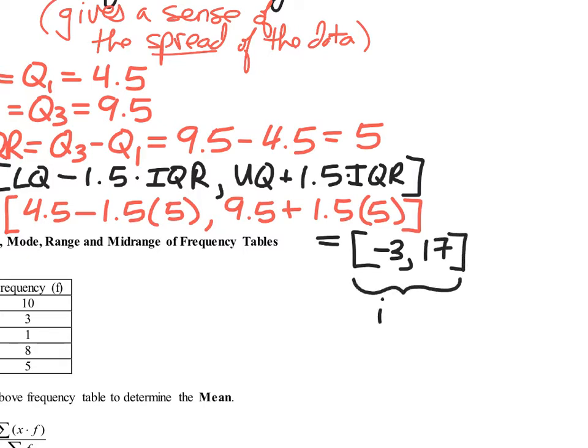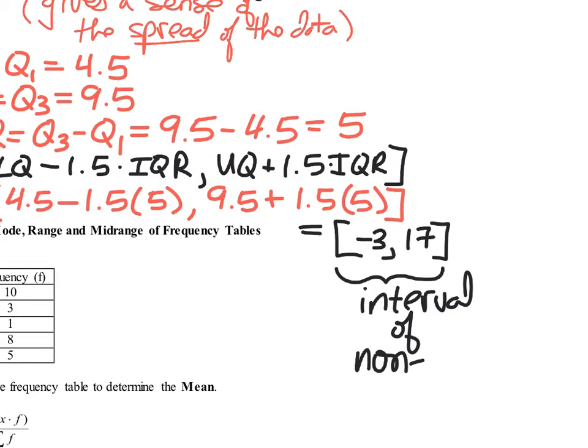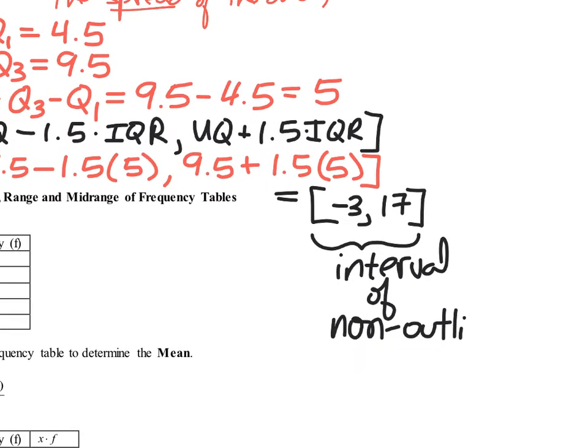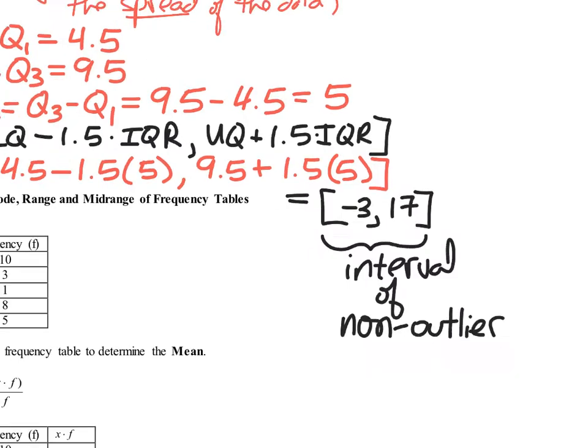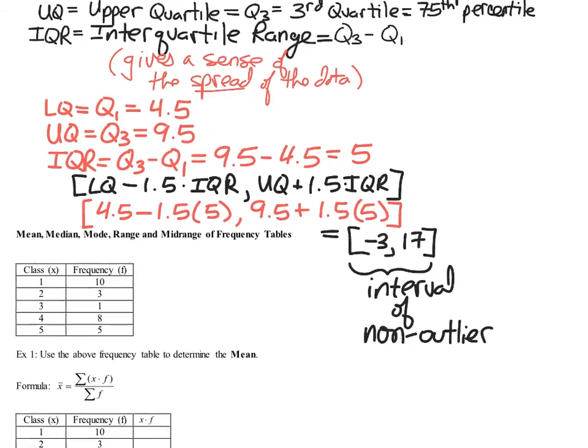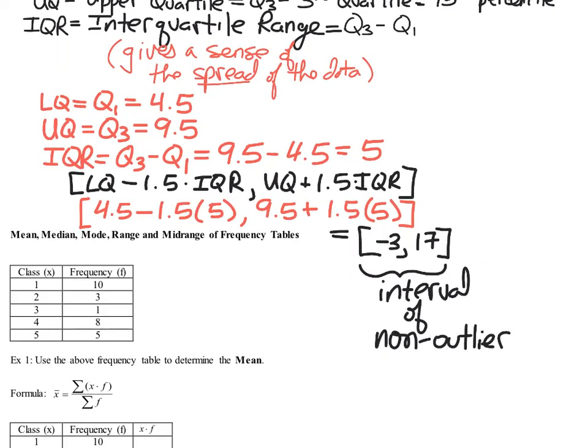And so this is the interval of non-outliers. You could think of it as like the ordinary or expected values. The values that you would expect to see in the data set should be in this interval. Now, again, context is an overriding factor.